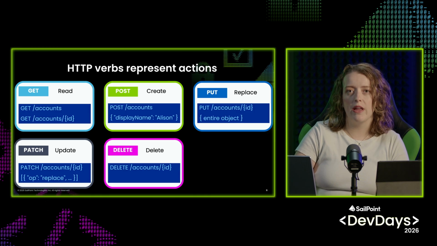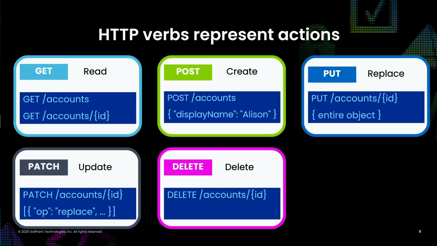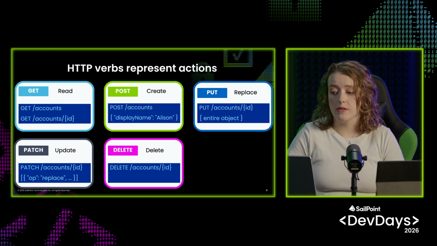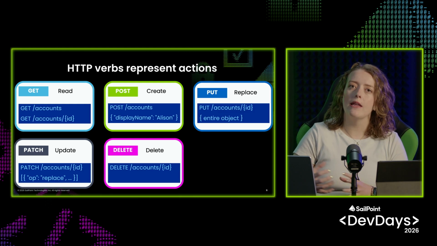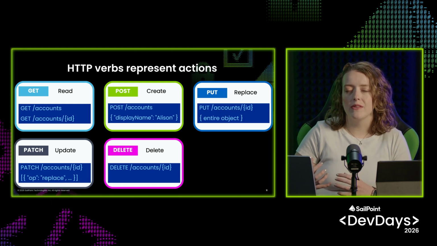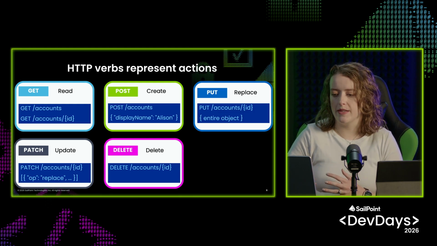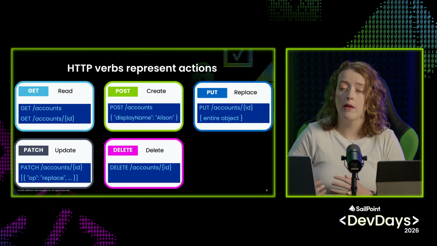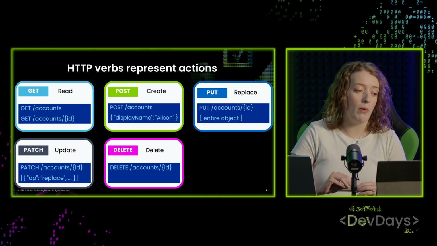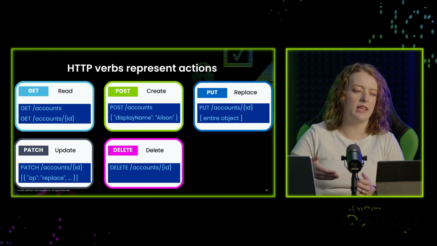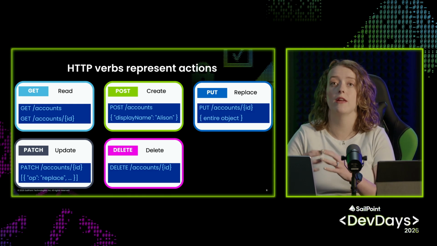We're going to start with GET, light blue, on the left-hand side. GET means read. Retrieve one or more resources. There's no extra body, there's no extra pieces of information required to send this here. Everything you need is in the URL. And there were 2 examples in that blue box, GET /accounts and GET /accounts with a specific ID.